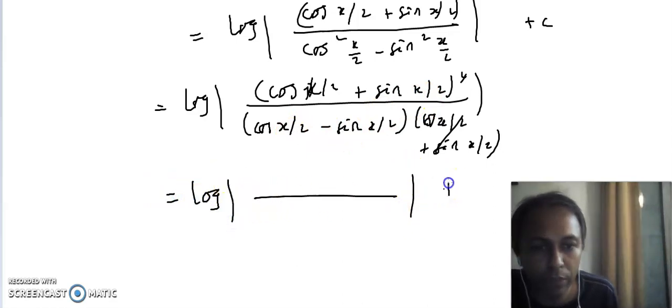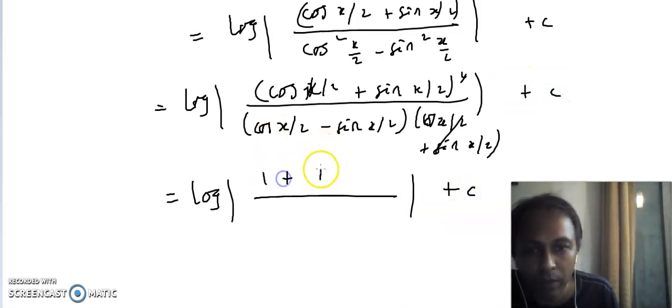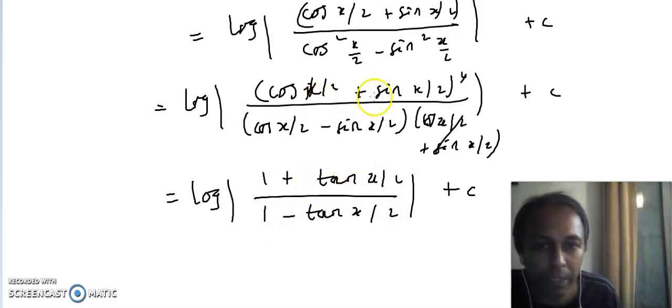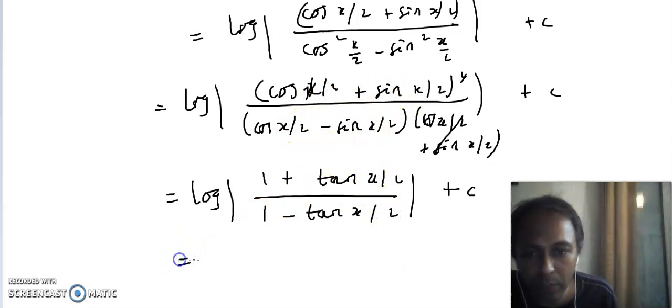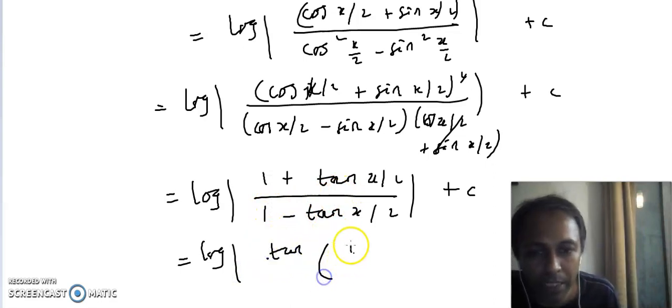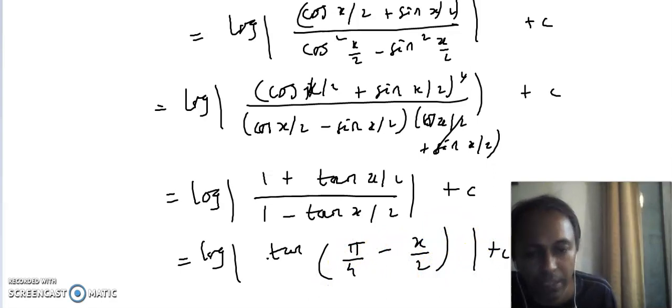In such steps we usually divide by cos x by 2. When you divide by cos x by 2 in both numerator and denominator, we get 1 plus tan x by 2 upon 1 minus tan x by 2. And we all know 1 plus tan x by 2 upon 1 minus tan x by 2 is tan pi by 4 plus x by 2 plus c.